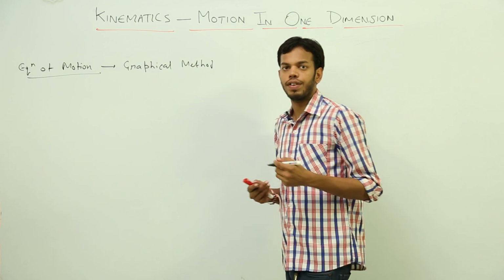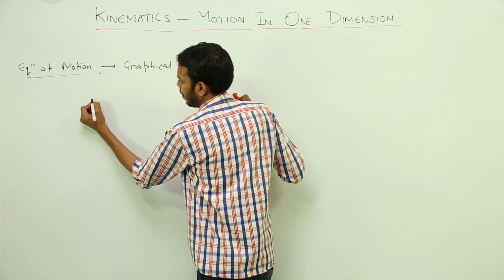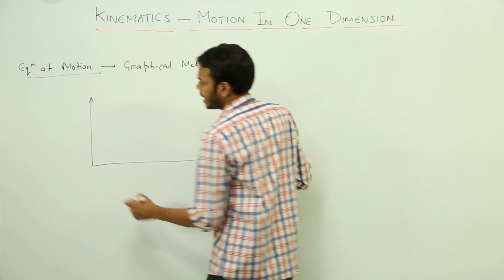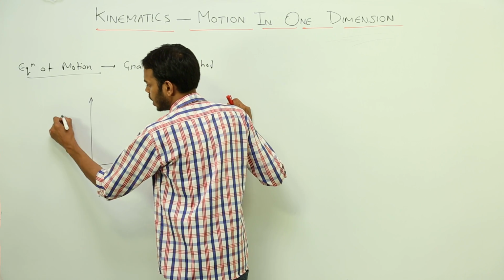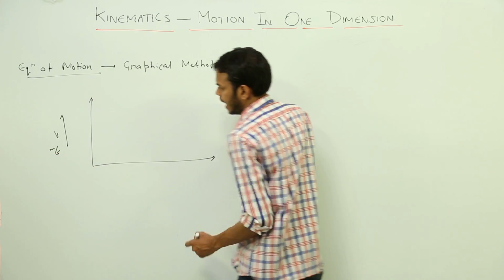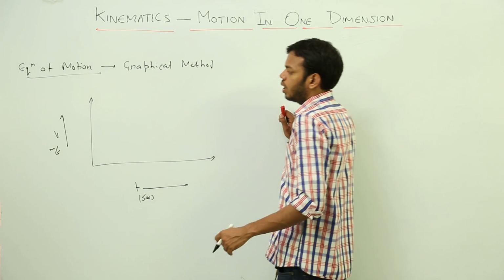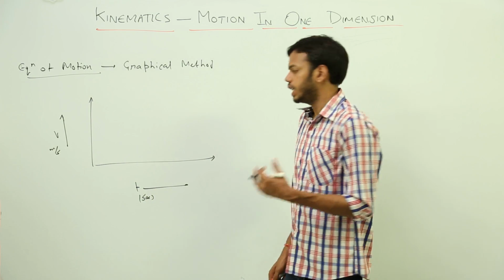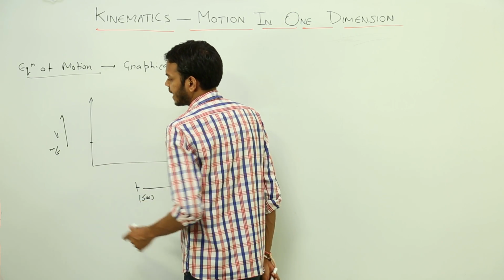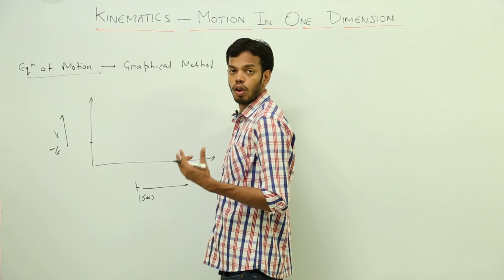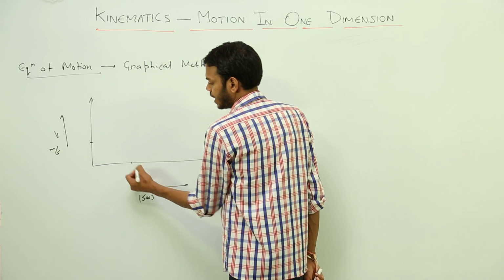Now, what we have learned till now is how you represent a velocity time graph. Here velocity is in meter per second and time in seconds. Suppose an object starts with initial velocity u, that is at time t equal to 0, and it has reached a velocity of v at time t seconds.